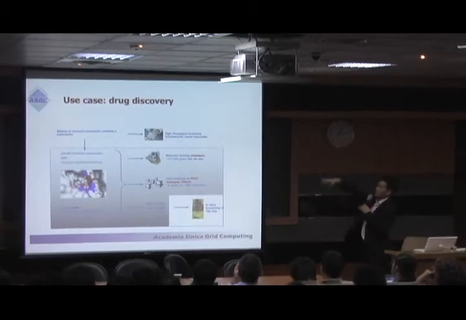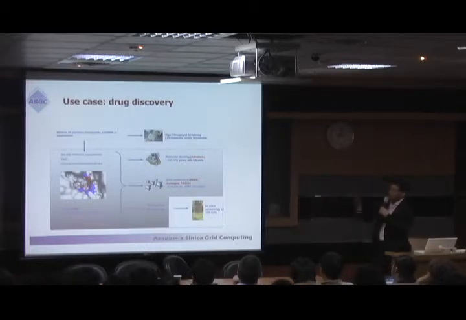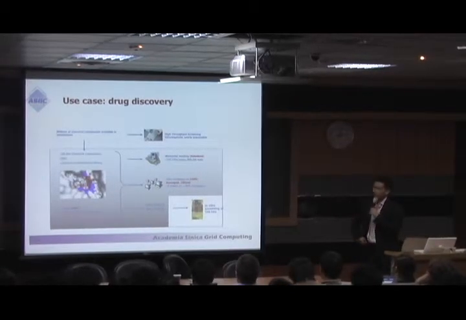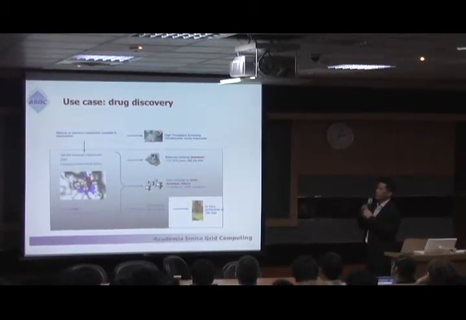Basically, this process is time and money consuming, because it costs about $2 for each screening. If you have, for example, millions of these compounds, you can imagine how much you have to pay.